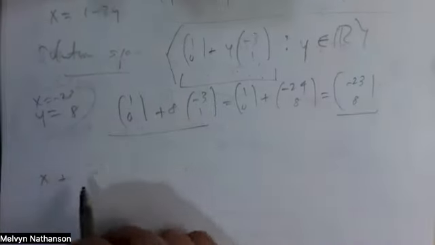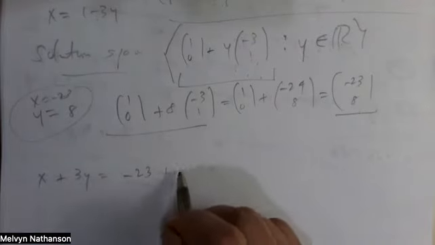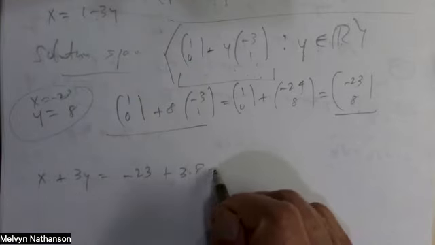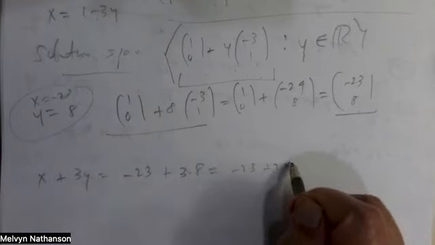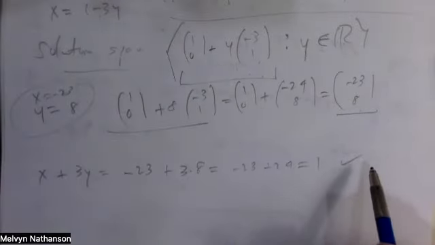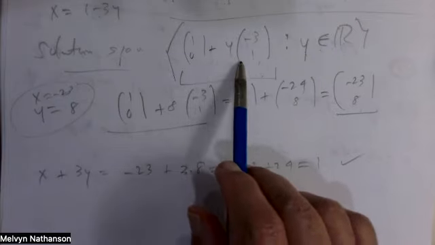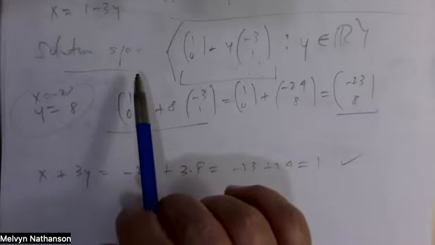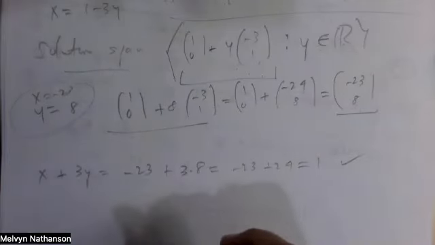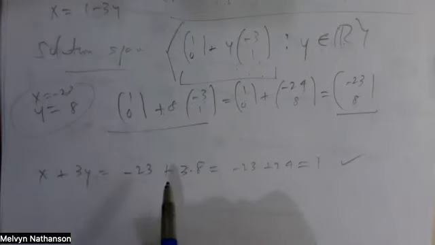So x plus 3y is minus 23 plus 3 times 8. That's minus 23 plus 24, which equals 1. So it does satisfy this equation. And every vector, no matter what number I pick for y, solves the equation. And every solution of the equation is of this form. And where did you get negative 24 from? 8 times minus 3. Okay, got it.